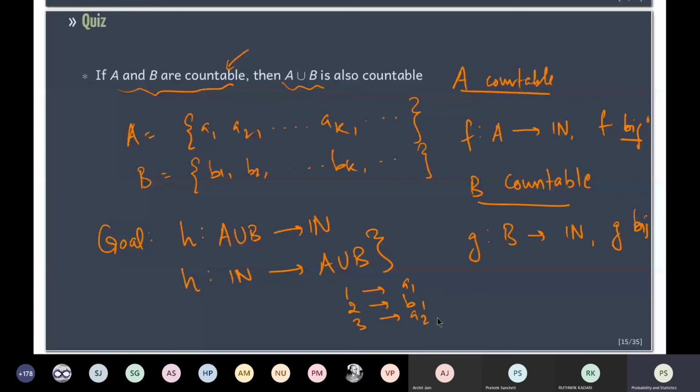If the natural number is odd, then you define it like this: the odd natural numbers are mapped to the A's, and you just have to be careful how to map these indices, 3 to 2, 1 to 1, and 2 to 1, and so on. So you get the idea of how to do this. So A union B countable can be proved.